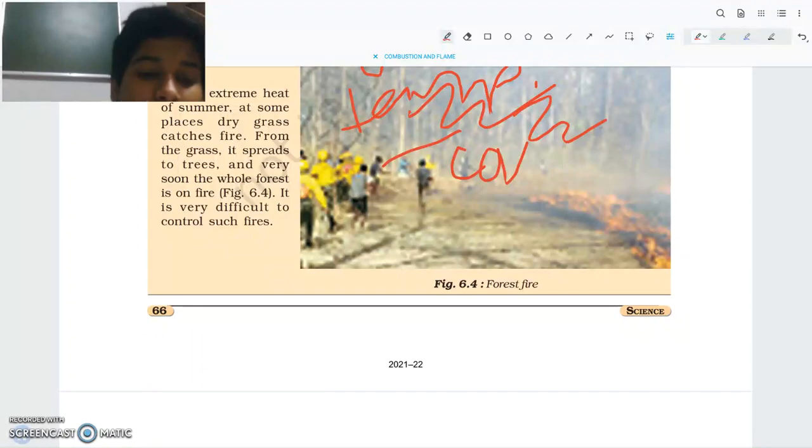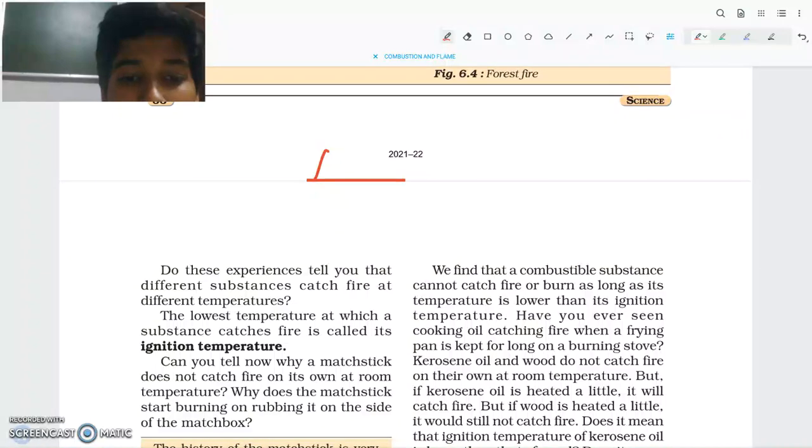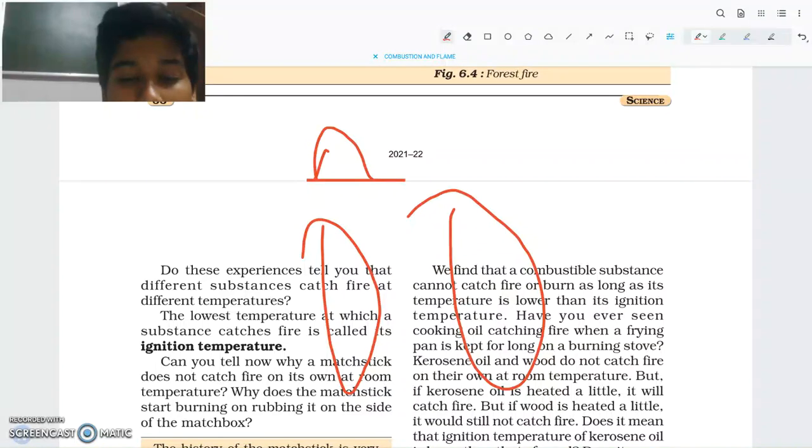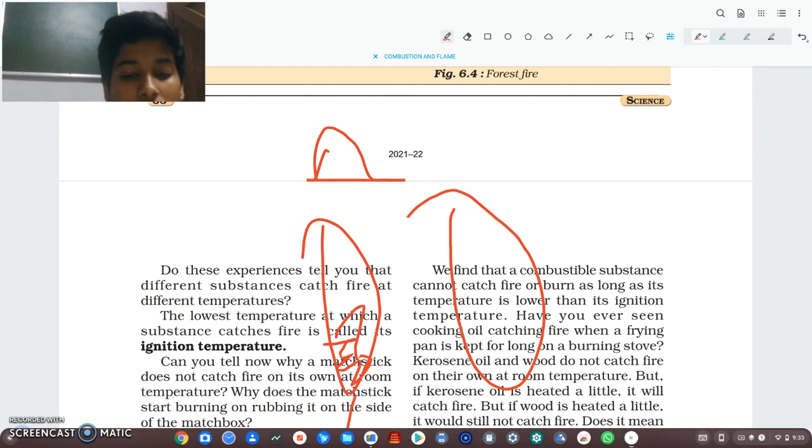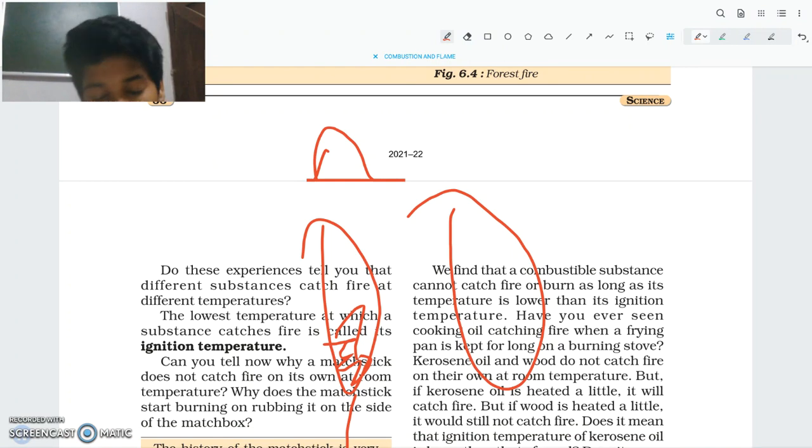Now there is one more activity. If you take two balloons, fill one with water, and the second has only air, and you heat both, you will see that the one with air first blackens and then bursts. But the one with water cannot burst quickly, because of ignition temperature.